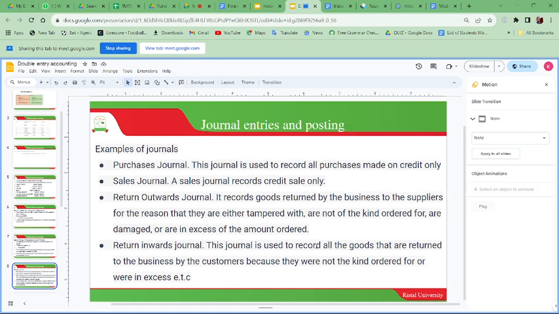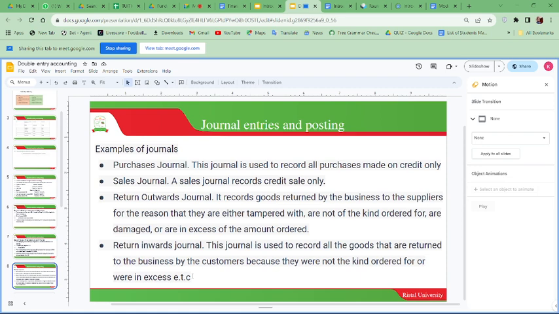So we look at return inwards journal. This journal is used to record all the goods that are returned to the business by the customers because they were not the kind ordered for, or were in excess. So this return inwards means the customer came to the company and bought goods.